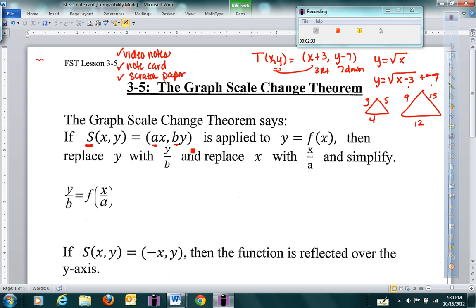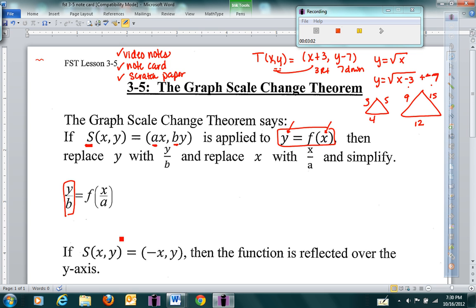So we're going to take the coefficient of x as a multiplier and the coefficient of y as a multiplier as well. If we apply that to the graph of y equals f of x, then you replace y with y divided by b, and you replace x with x divided by a. So in this equation right here, we're going to take this y and replace it with y divided by b. We're going to take this x right here and replace it with x divided by a. So that's what the graph scale change theorem says we're going to do.